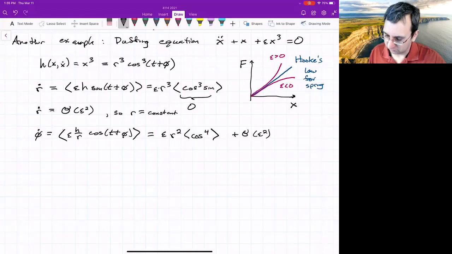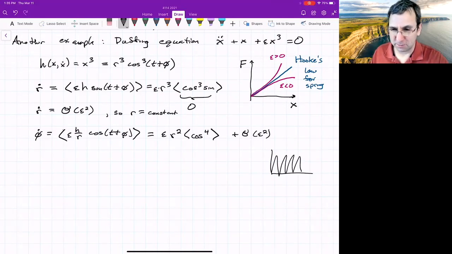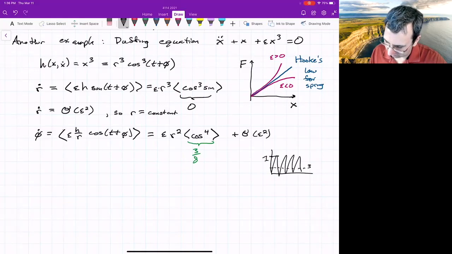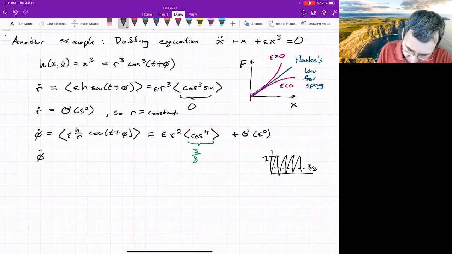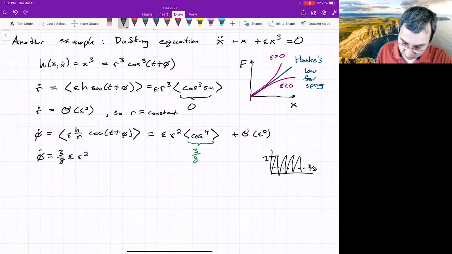Cosine to the 4th would be a whole bunch of oscillations, and it averages to something slightly less than a half. You could do this integral if you want. It's 3/8. So it goes up to 1, but it averages to 3/8. So we've got phi dot equals 3/8 epsilon r squared. Here we do get that the phase changes, and interestingly, the amplitude does not.